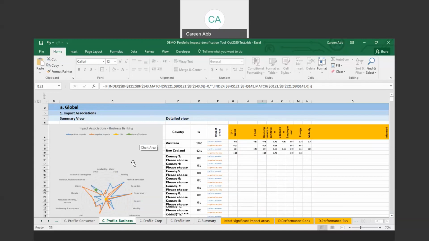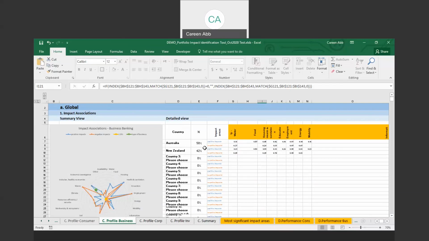Another is the actual location, and another is the type of client in and of itself. So SMEs will intrinsically carry some positive impact associations linked to healthy economies and economic convergence, and presence in LDCs likewise will carry a positive impact association vis-a-vis economic convergence.